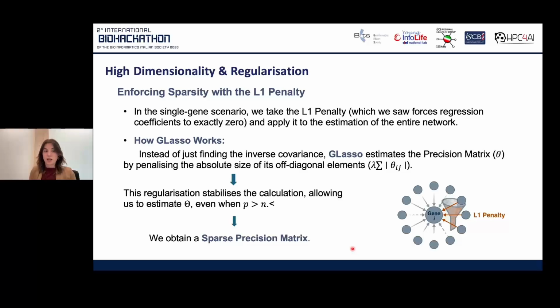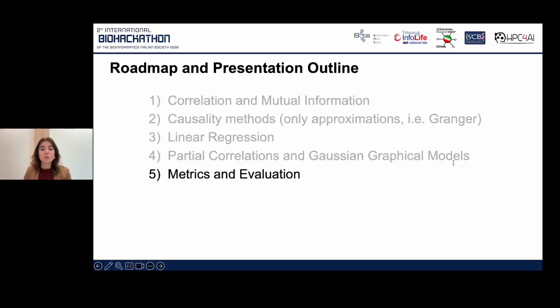So we obtain a sparse precision matrix, and the remaining non-zero elements that are present in it represent the real strong direct regulatory interactions.